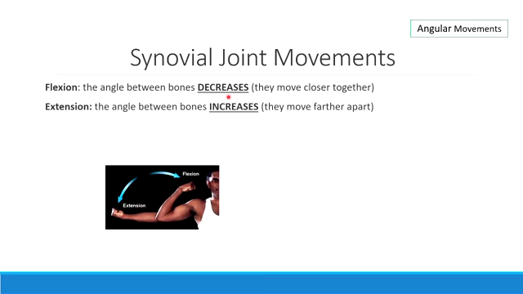When my arm is flat, I've got a big angle between my humerus and my radius and ulna. When I do flexion, now my angle is smaller. But again, what I put here in parentheses makes more sense to me. Flexion, bring them together. Yes, the angle gets smaller, we're bringing them together. Extension, the opposite, increasing the angle between them or moving them farther apart.